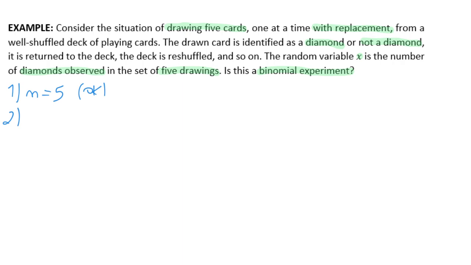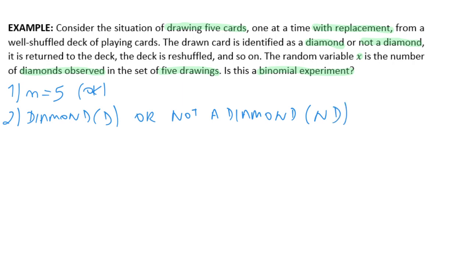Number 2, each drawing is a trial and each drawing has 2 outcomes, diamond or not a diamond. So we have only two possible outcomes.